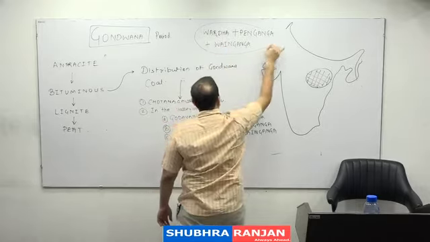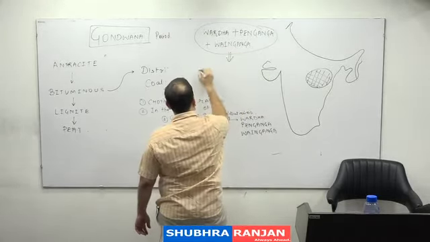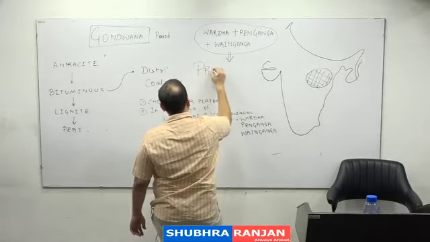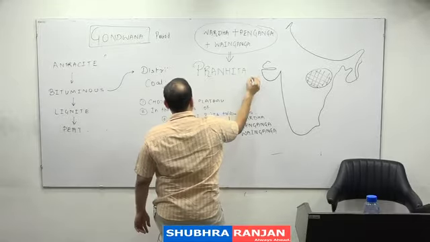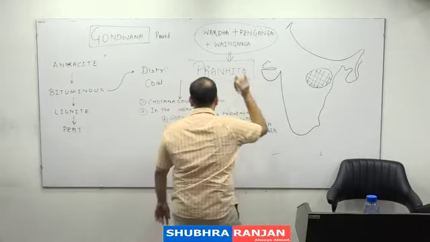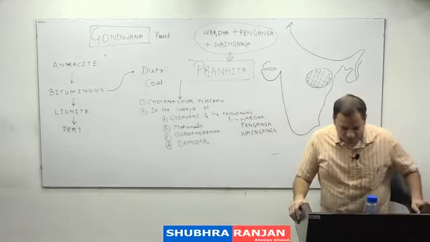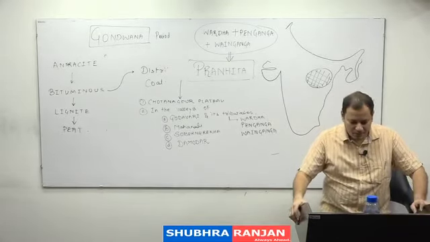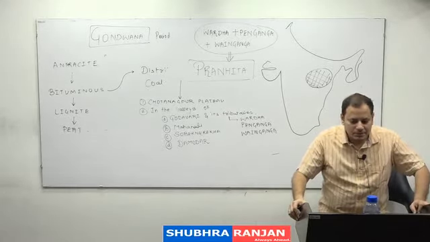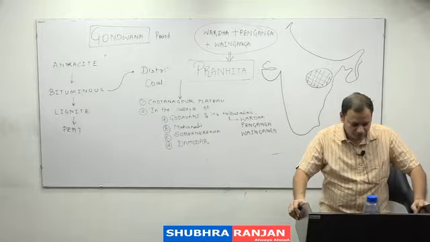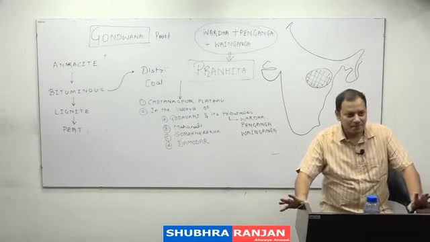These three rivers of India are combinedly known as Pranhita. It is known as Pranhita.